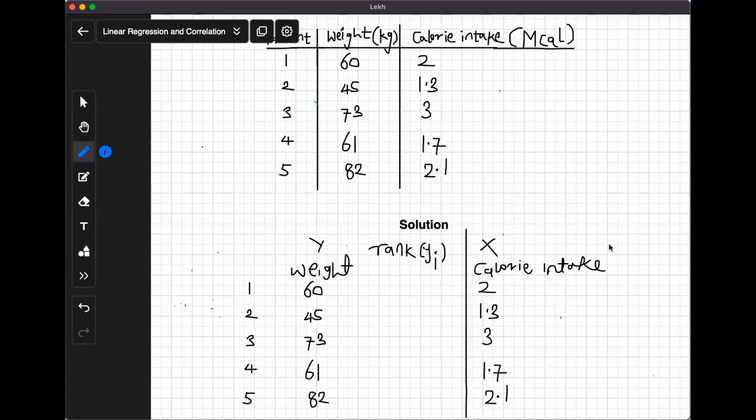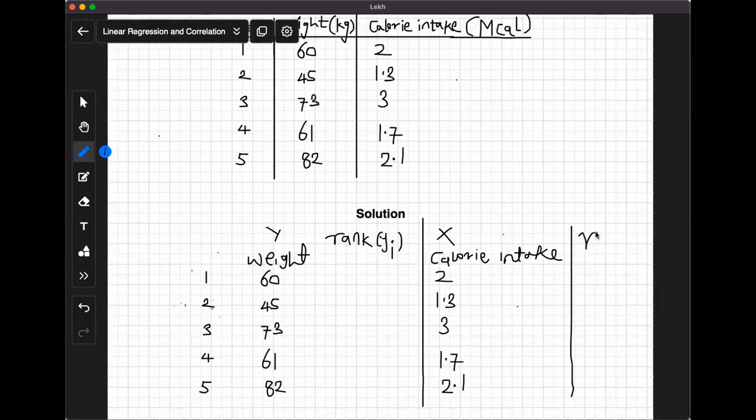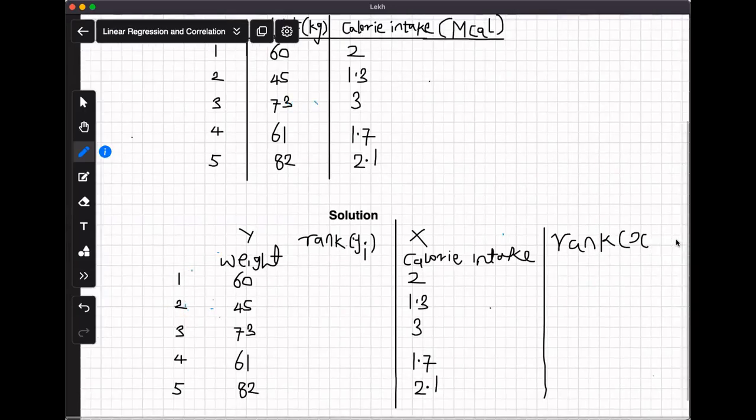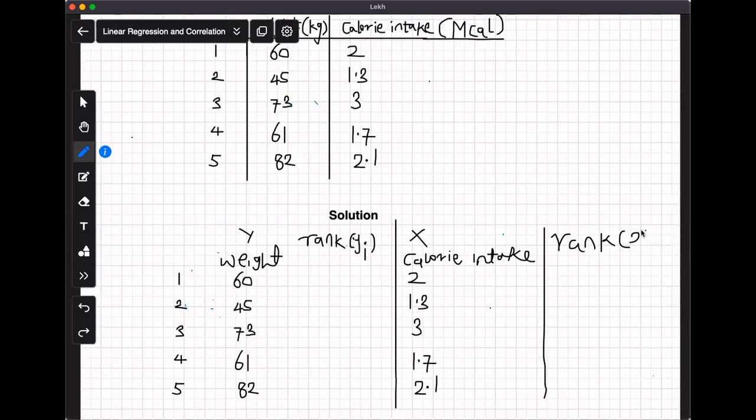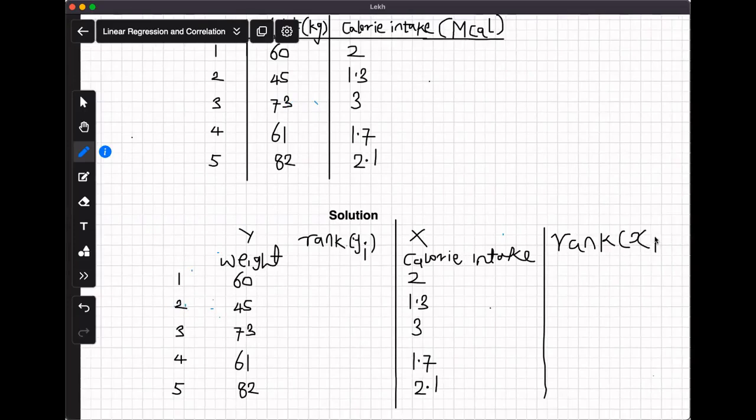You're even permitted to change it to R of xi if you like. But for now, I will leave mine as rank. You need to define what you have, so it's better you just write rank, but if you write R and then you put xi in bracket, then you need to define what R means. Say R means rank, so you don't need to write rank all the time. Now we have it this way.